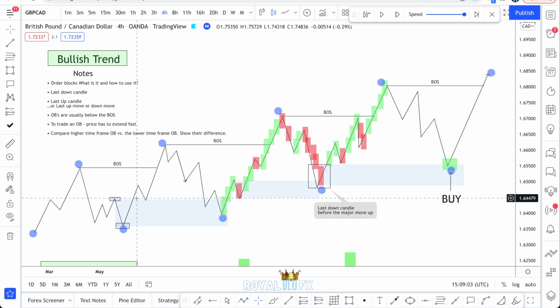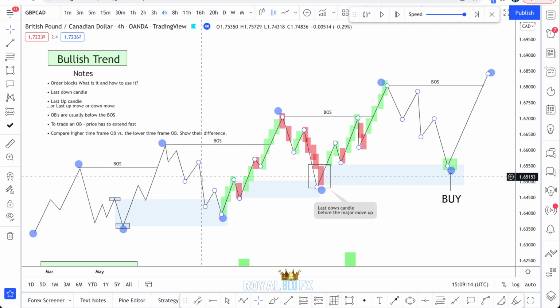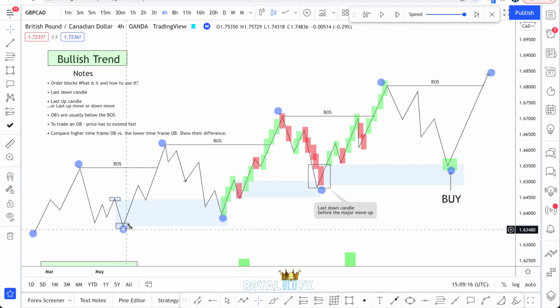So now we can tell ourselves, well, hey, this was the last down move before the market broke above. Okay, now we know that price needs to come back to this major move, which is this move here, to come and test. Once this major move comes and tests this area of demand where the order block is, then price should relatively push higher.